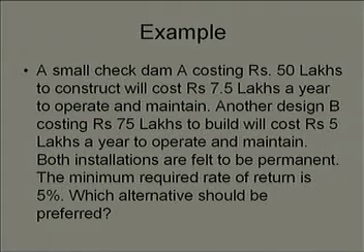You want to store the water, so you construct a check dam. So, small check dam A is costing rupees 50 lakhs. Just to remind you, 1 lakh is 100,000. It costs rupees 50 lakhs to construct, and it will cost rupees 7.5 lakhs a year to operate and maintain.